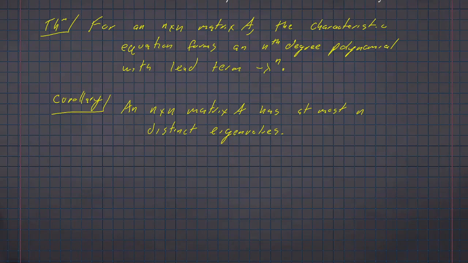Using the theorem that I just talked about, that you're going to be proving in the homework exercises, the characteristic equation is an nth degree polynomial.